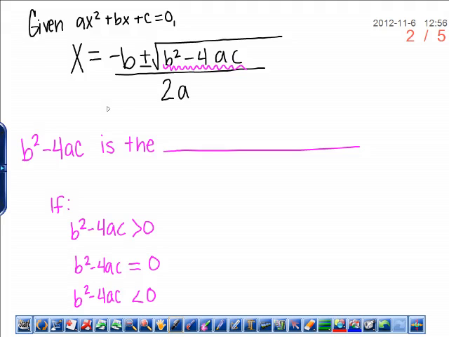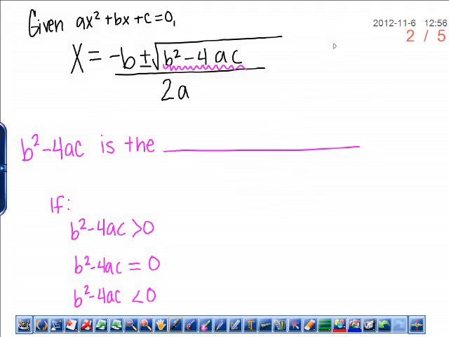Okay, take a second, write this down. Okay, so here's your quadratic formula.